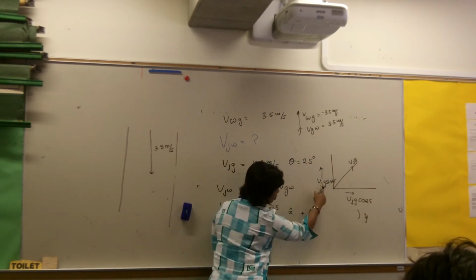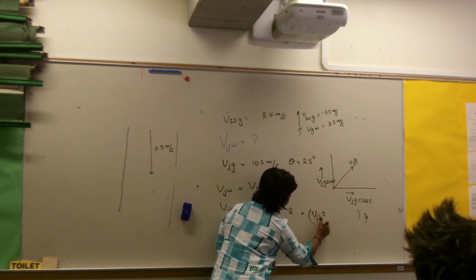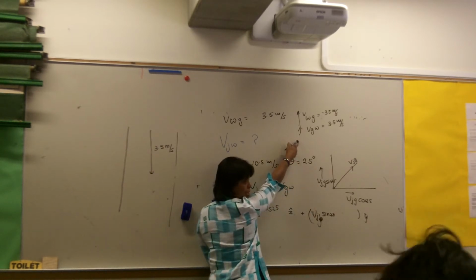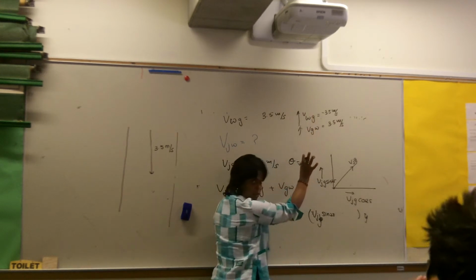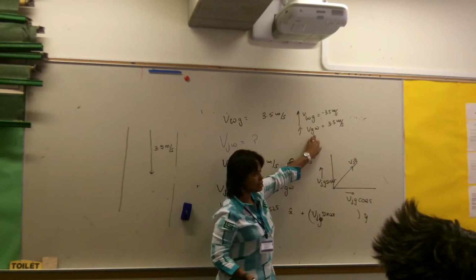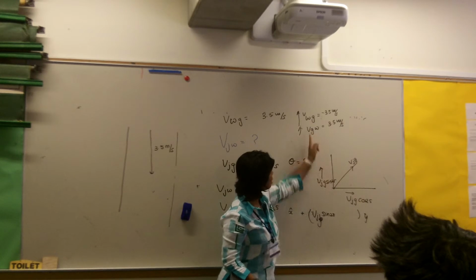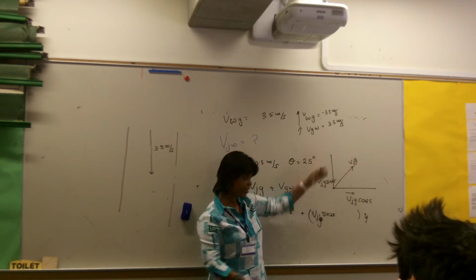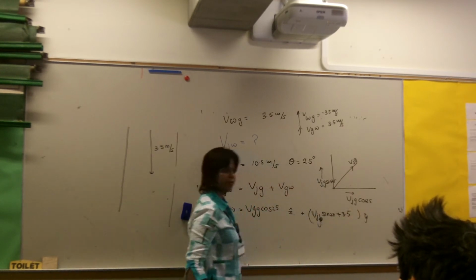We have VJG sine 25. Now you have positive, right? Can you see that? Because it's in the direction of this side. Do you understand why this is positive? Because it's the sign changing and the direction is this direction, right?